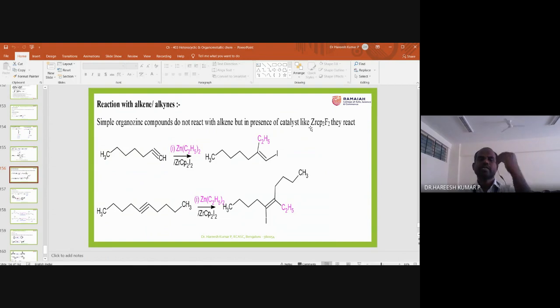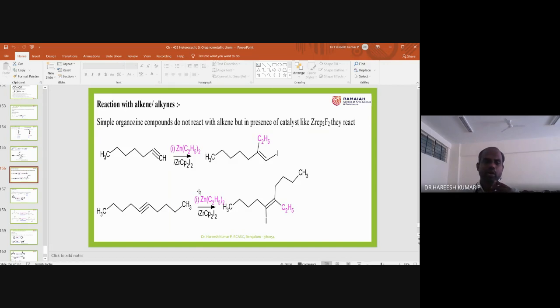What you need to remember here is that zinc alkyl alone cannot react with a double bond or a triple bond. Zinc alkyl requires a catalyst. The catalyst is dicyclopentadienyl zirconium dihalide, here fluoride.